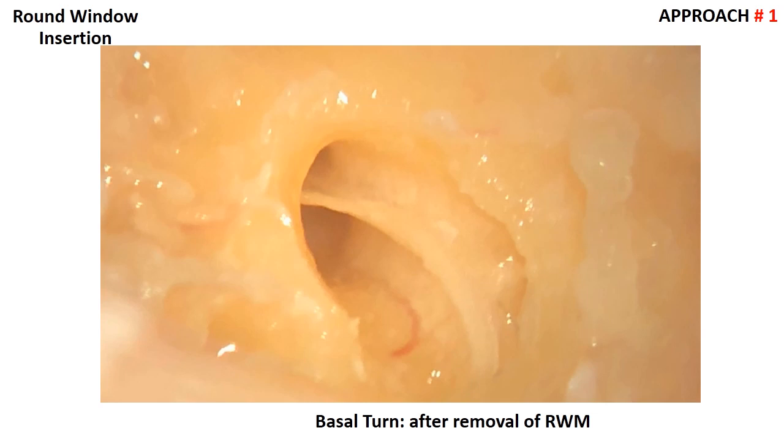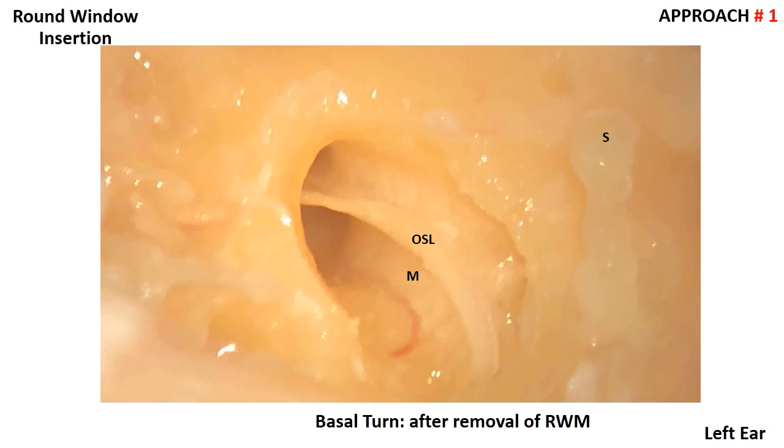Now this is a cadaveric dissection identifying the inside of the basal turn after removing the round window membrane. For orientation again, this is the left ear and this is the stapes, and here we have removed the round window membrane. We can identify the modiolus around which the cochlea will wind.